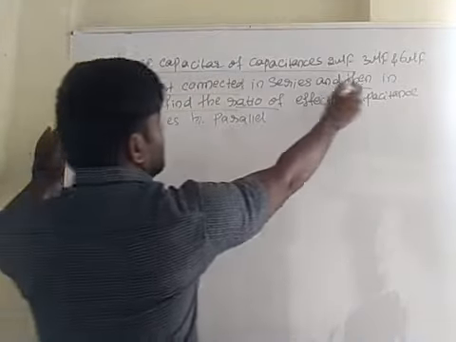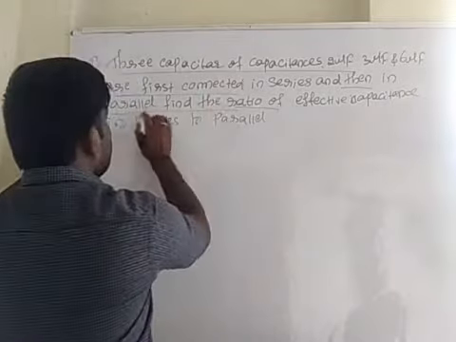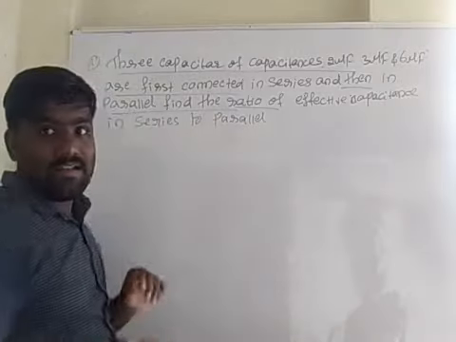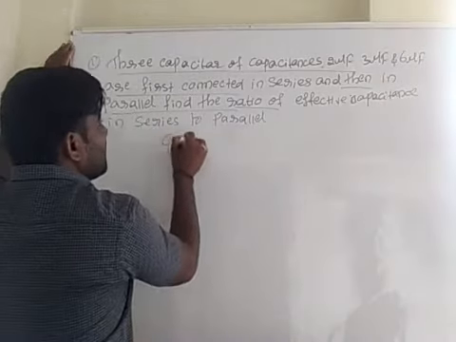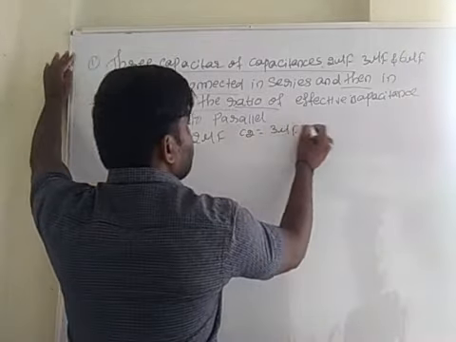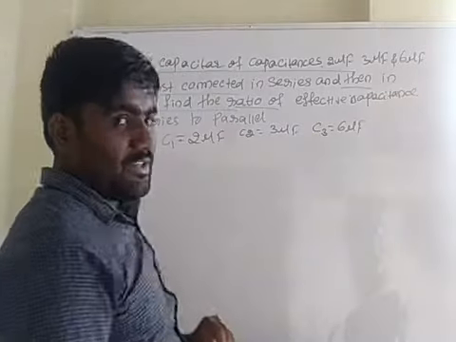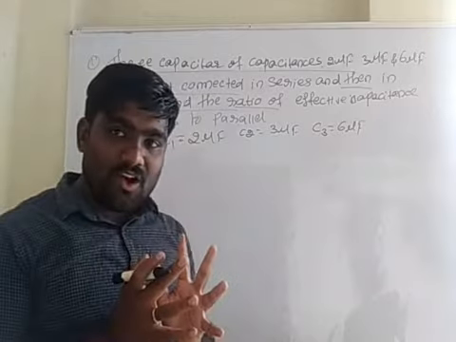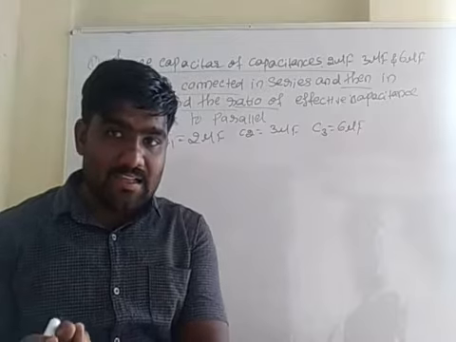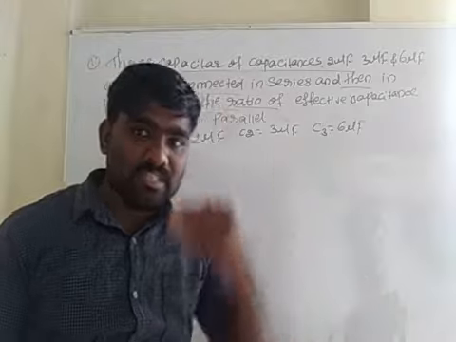Given: C1 is equal to 2 microfarad, C2 is equal to 3 microfarad, C3 is equal to 6 microfarad. So I want to calculate the effective capacitance of series as well as of parallel, and then the ratio of series to parallel.